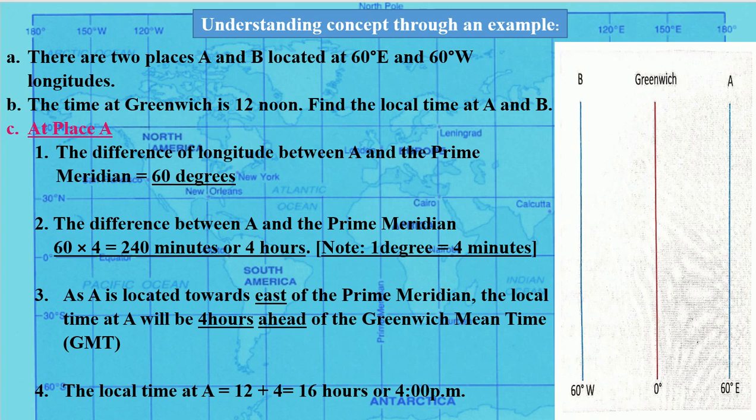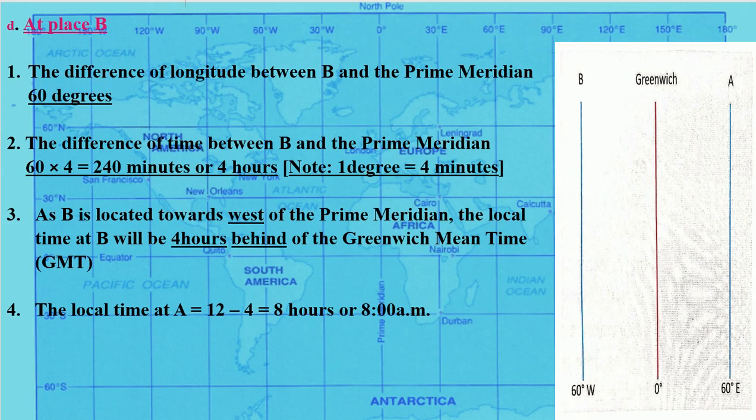Let us move on and find the local time at place B. First we find the difference of longitude. The difference between B and Greenwich is 60 degrees.